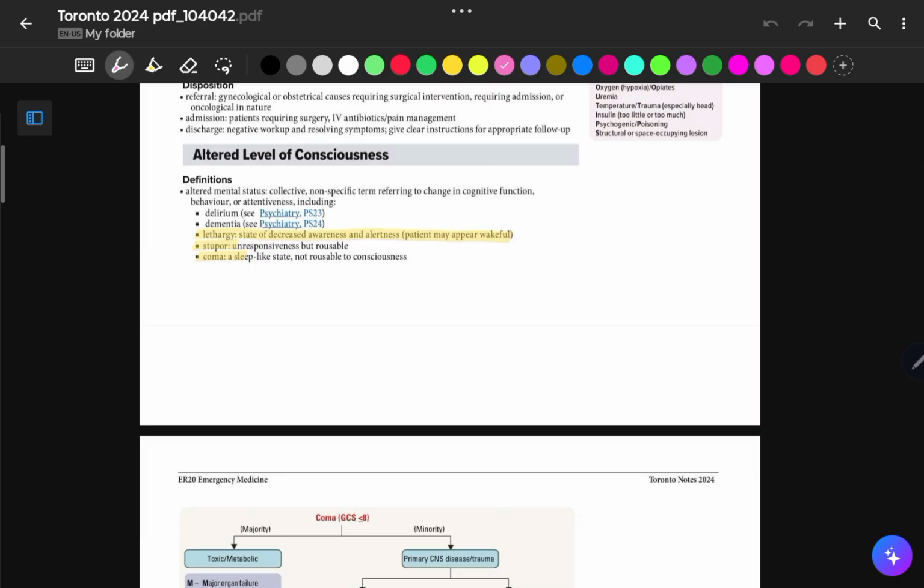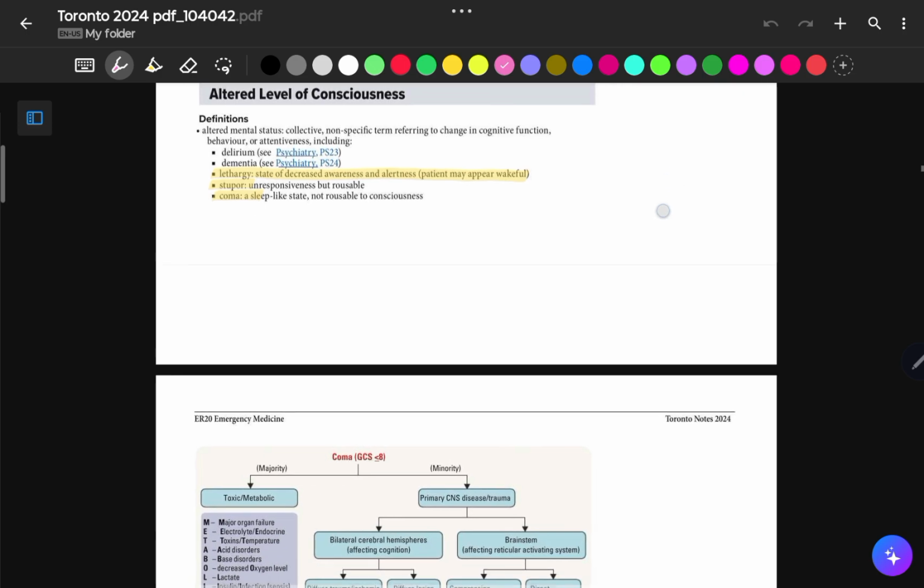The patient may be wakeful, but they have decreased awareness and alertness. Stupor is unresponsiveness to arousal; they arouse but are unresponsive. Coma is a sleep-like state. They are not arousable to any form of stimulus, so they're not conscious.